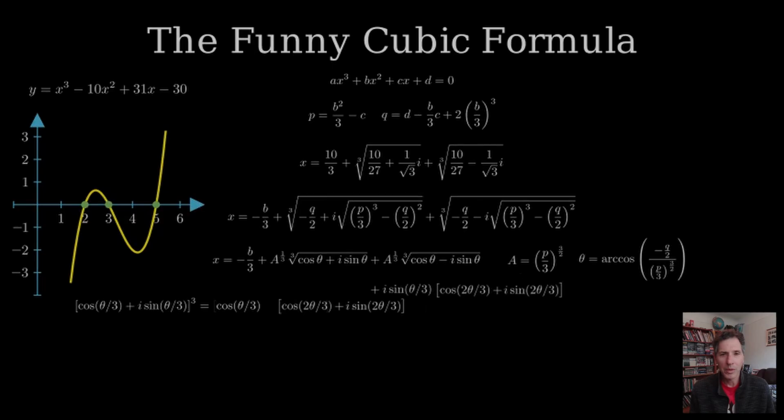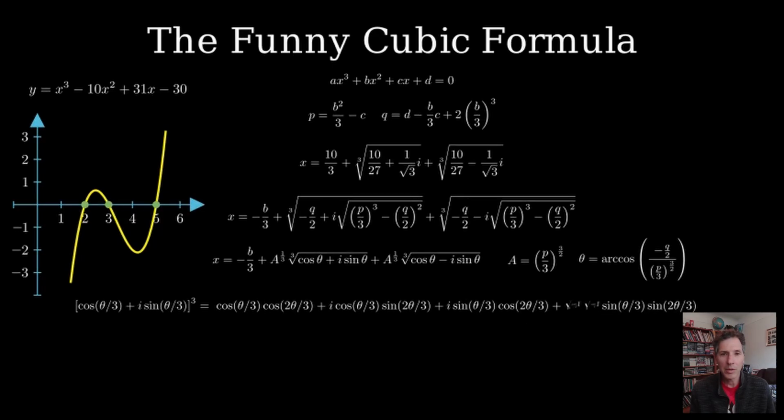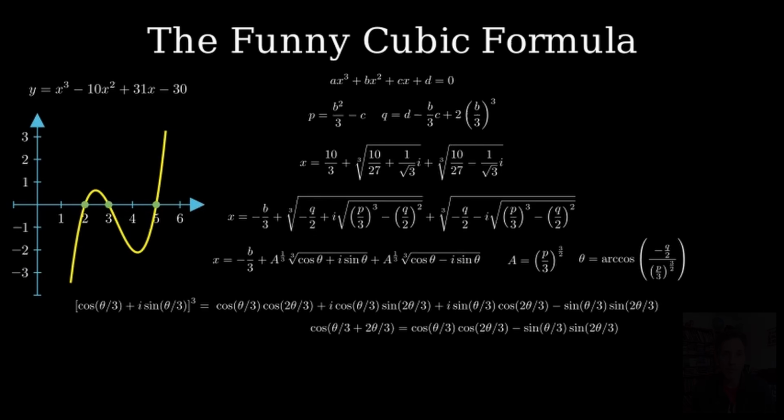Expanding out, we then use the trig identity that cos(x1 plus x2) equals cos x1 cos x2 minus sin x1 sin x2. So cos(theta/3 plus 2 theta/3) equals cos(theta/3) cos(2 theta/3) minus sin(theta/3) sin(2 theta/3).